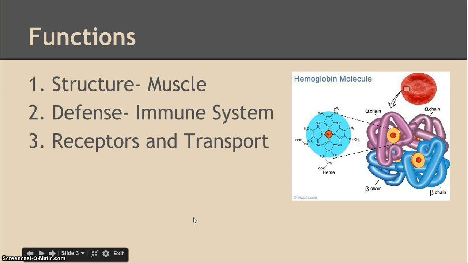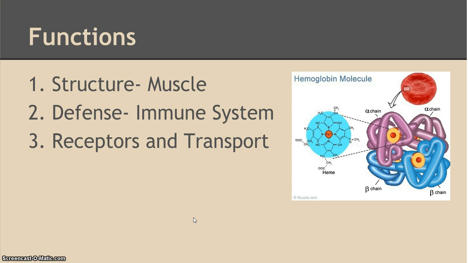So we have 3 different functions for our proteins, and the first function is structure. In our muscles, we need structure, and we get that from our proteins. We use the protein myosin to contract our muscles, and we use it for defense in our immune system, and we use antibodies like IgG, IgA, all of those.